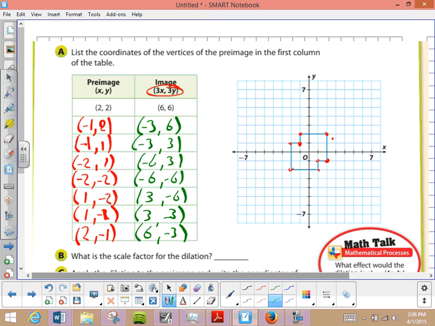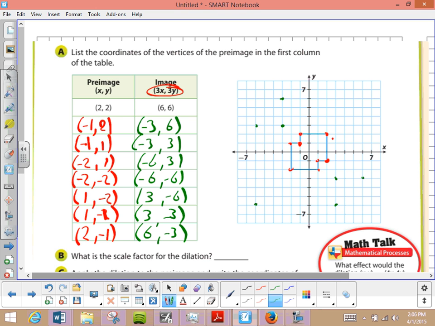And now all you have to do is plot it, right? You go over here and plot it. So -3 and 6 would be right there. -3 and 3 right there. And then -6 and 3, and -6 and 6 right over here. And then 3 and -6, 3 and -3, and 6 and -3.